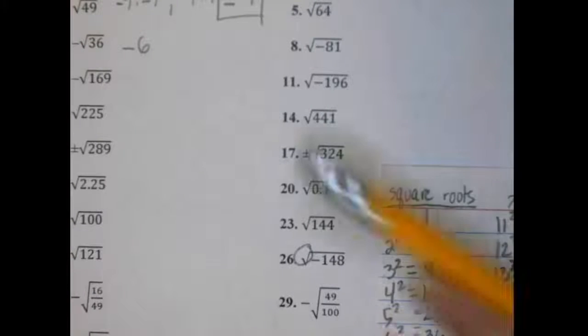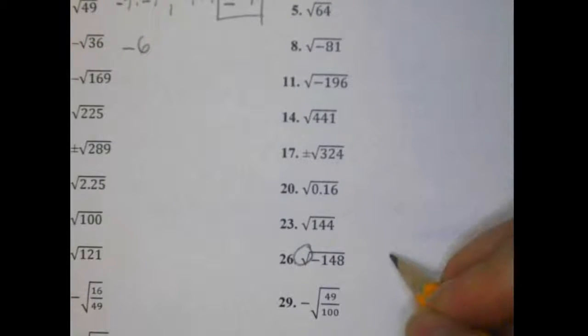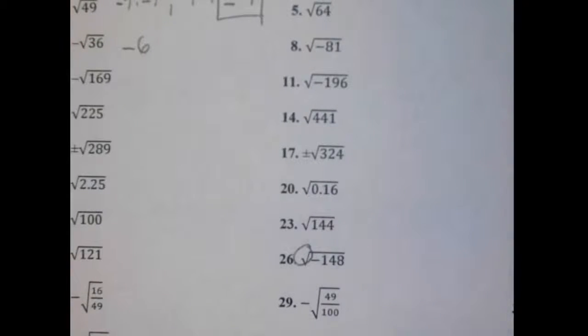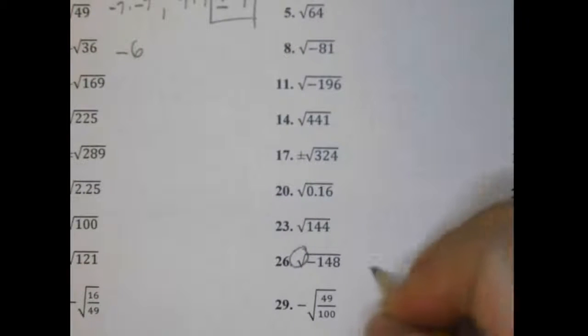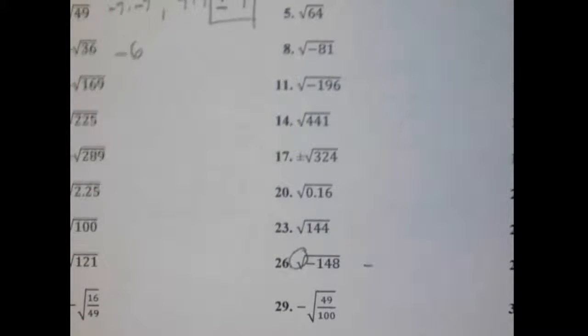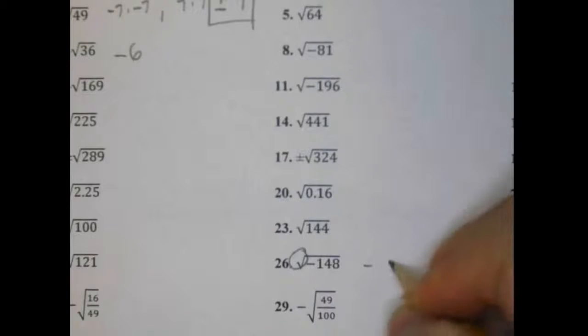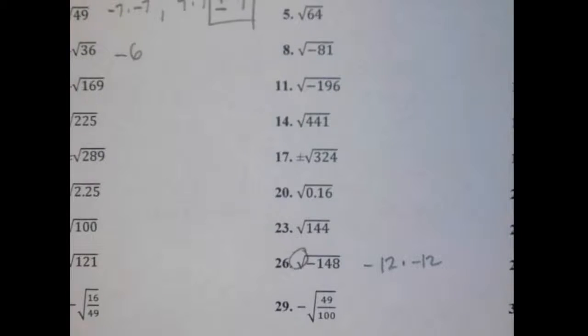And then let me ask you something. If it's a square, let's say I'm going to multiply negative 12 times negative 12. What does that give me?